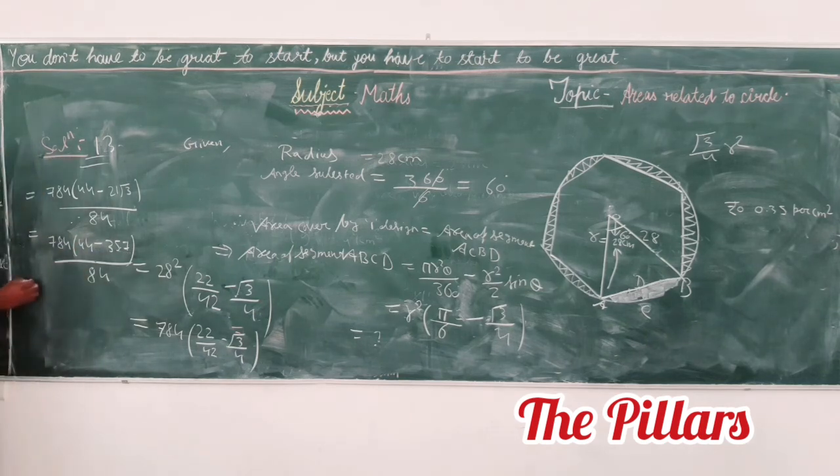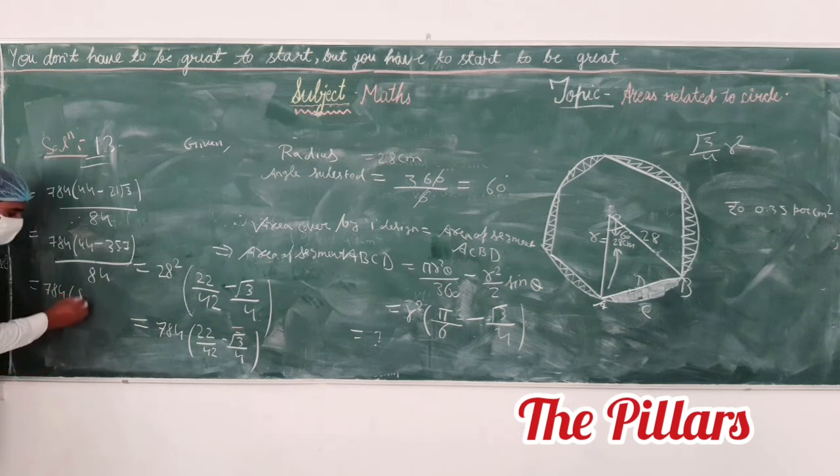Remaining value 784, 44 minus 35.7 is 8.3. 8.3 divided by 84. This is the area covered by one segment, not sector.